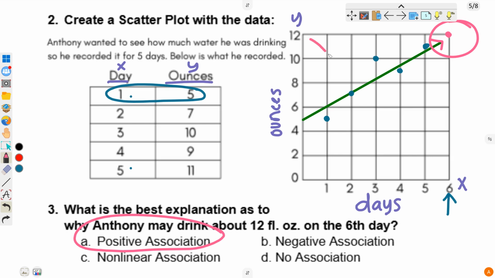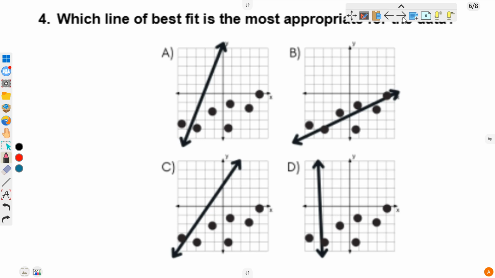If it were going down, it would be somewhere maybe like here, but it's not. We look at the trend of our data, the points that we plotted, and we can clearly see they're going up. So it's that positive association that makes us think it's going to keep going up. Okay? All right, hopefully easy peasy.